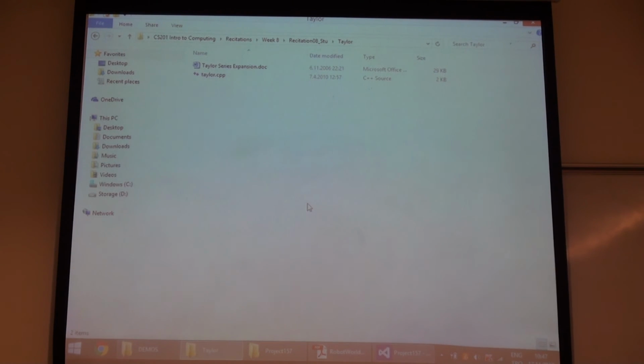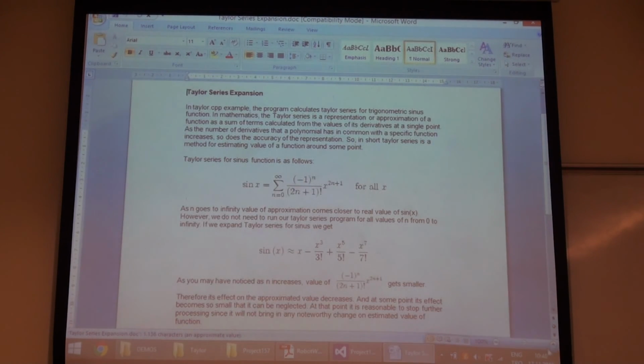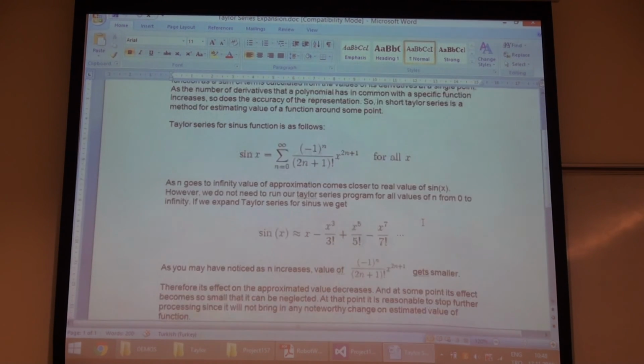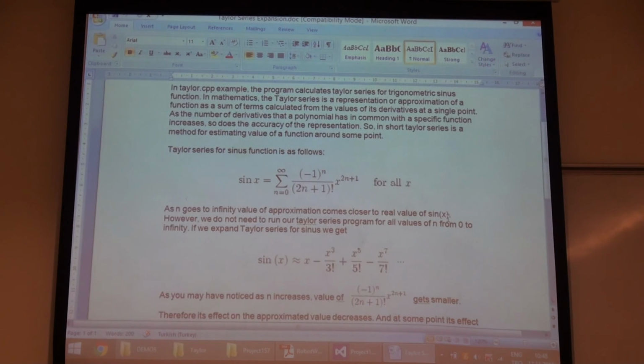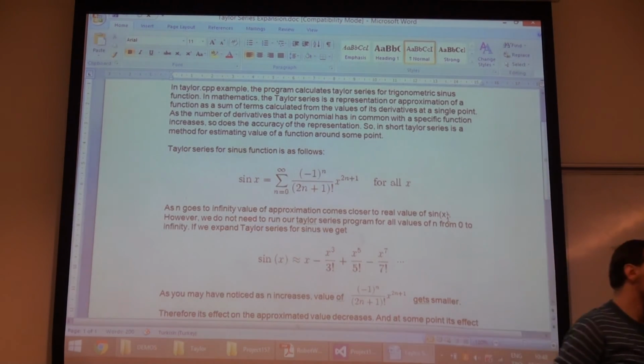We are going to use a for loop because series are about sums, and summing up stuff means using for loops. So, this is the approximation formula, the Taylor series, to find the sine, okay?